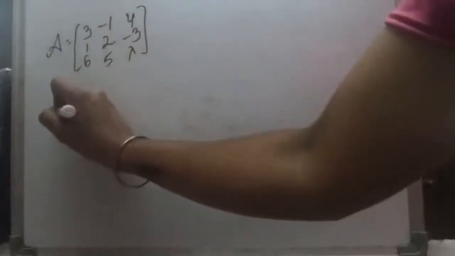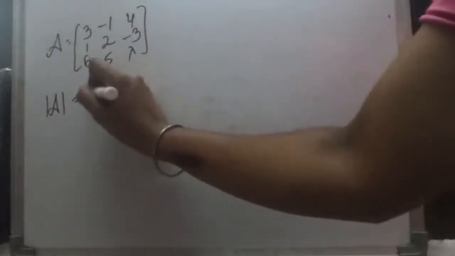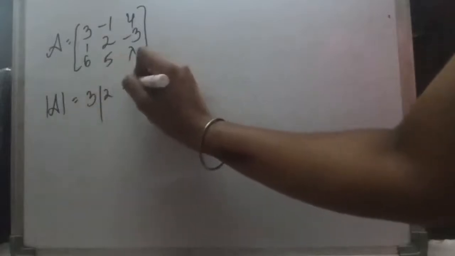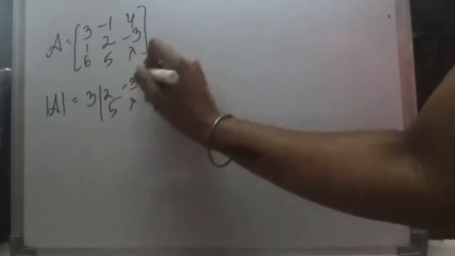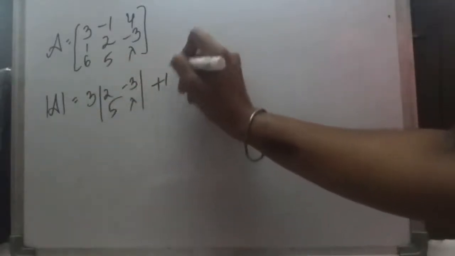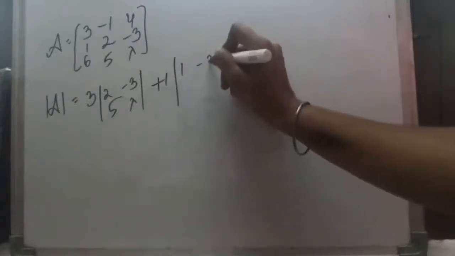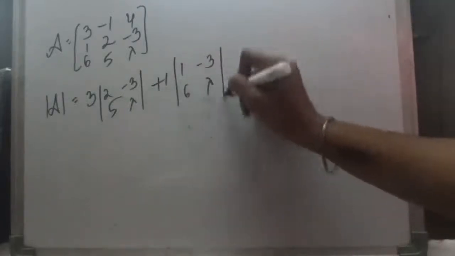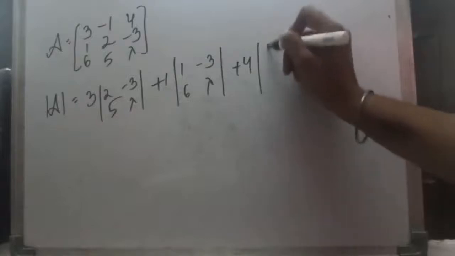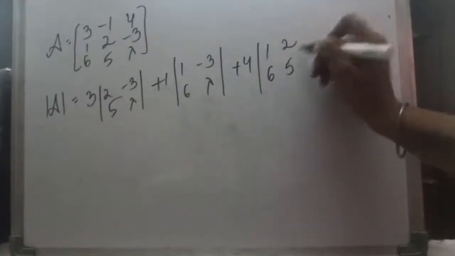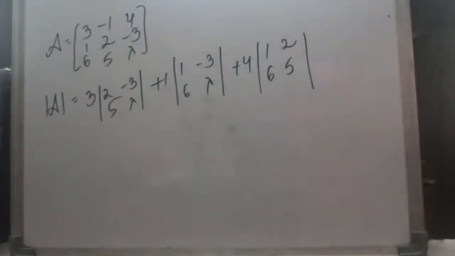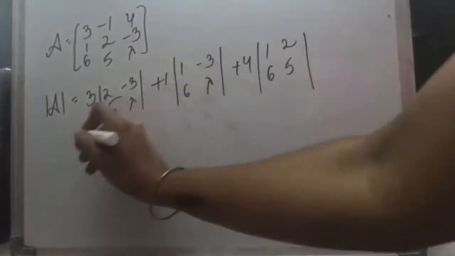While calculating the determinant, as we have seen, 3 inside it will be like this, minus it will be plus 1, and inside it will be like this, and plus 4. Like this it will be calculated. So finally we will calculate.